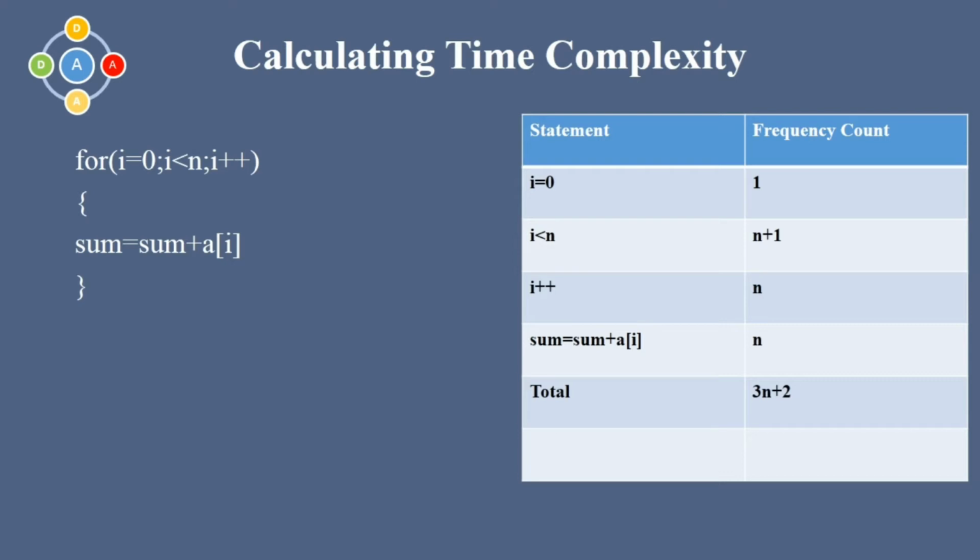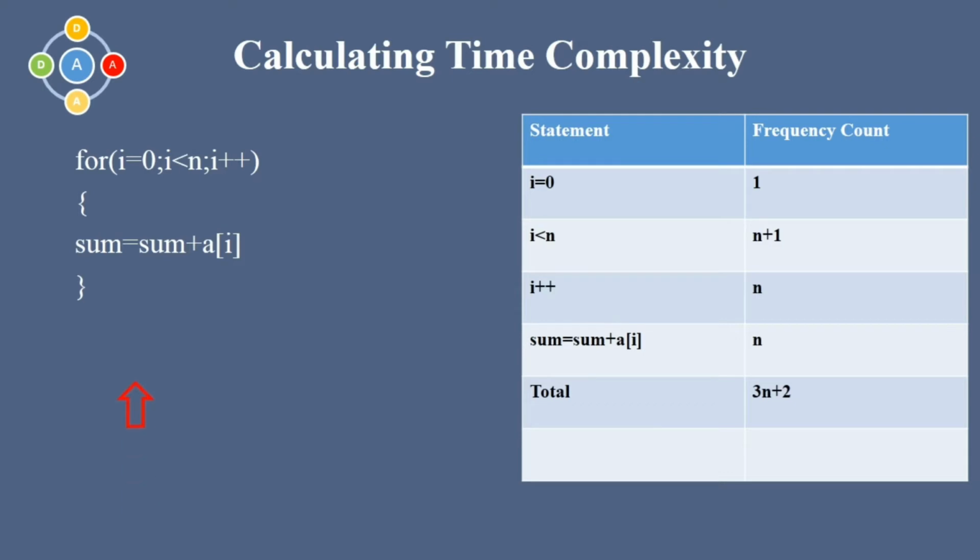For example, how many times i equal to 0 is executed, how many times i less than n is executed, and how many times the increment operator is executed. For each instruction we calculate the frequency count, and at the end we sum up all the frequency counts to get the total time complexity.